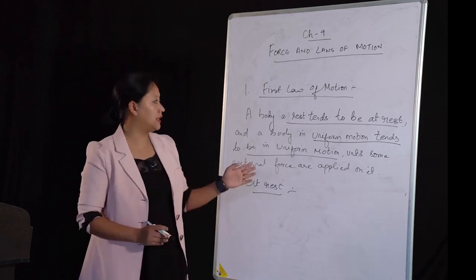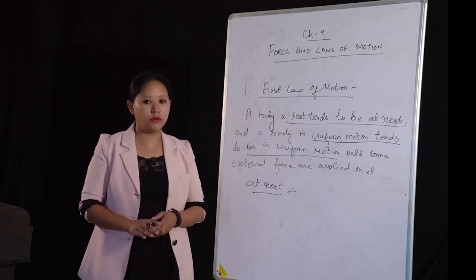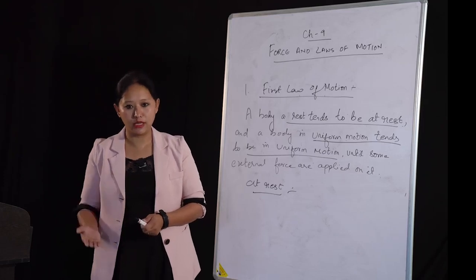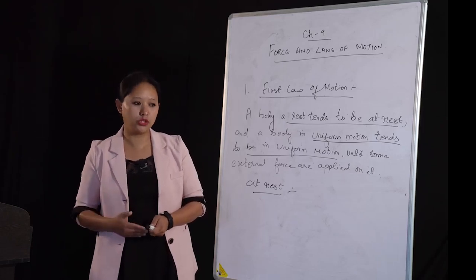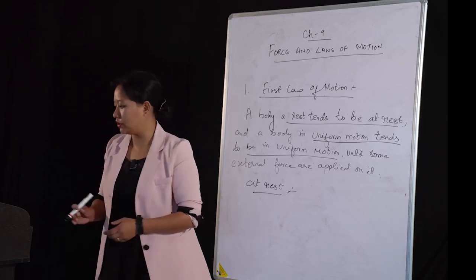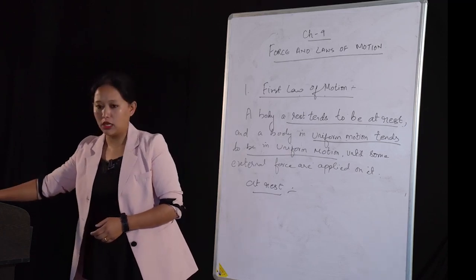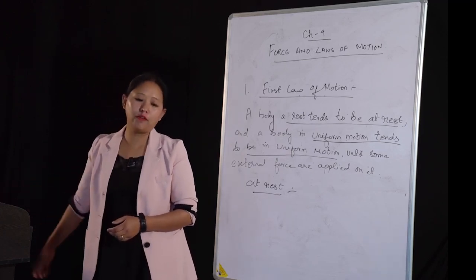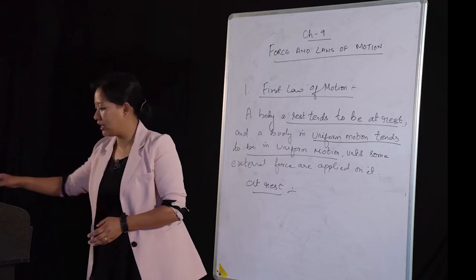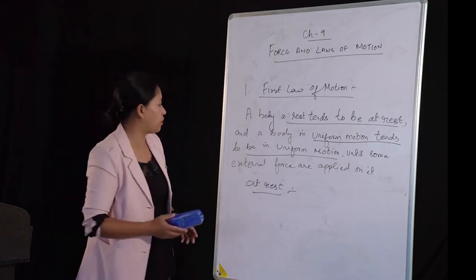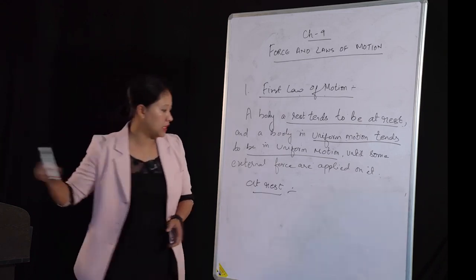Inertia is nothing but the body at rest will remain at rest, and the body in uniform motion will remain in uniform motion. And one important thing is that the inertia of an object, the inertia of a body, is directly proportional to mass.